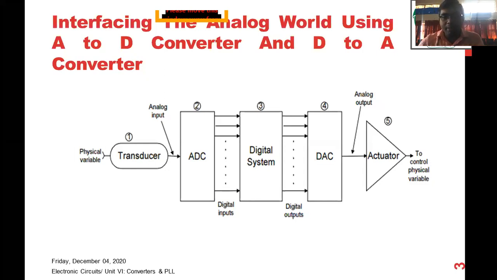One diagram I have shown in this slide, where you can see A to D and D to A, both converters are shown on the same block diagram. Here you can see we are going to use the transducer. Can anyone tell me what is a transducer?